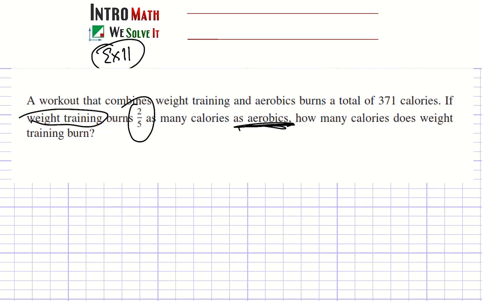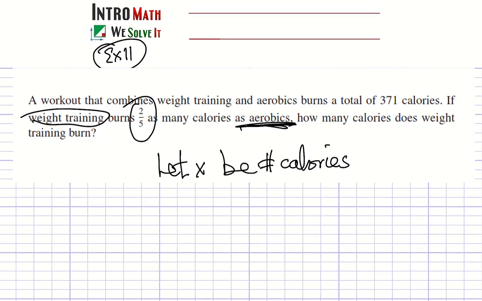So we'll say let X be the number of calories burnt by doing aerobics.